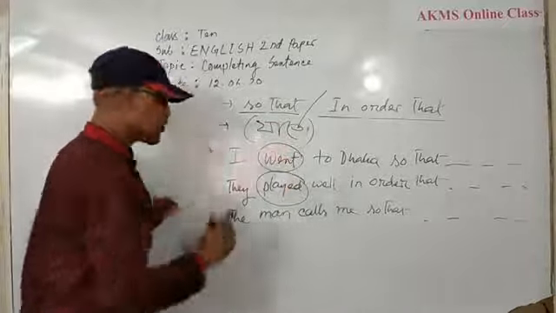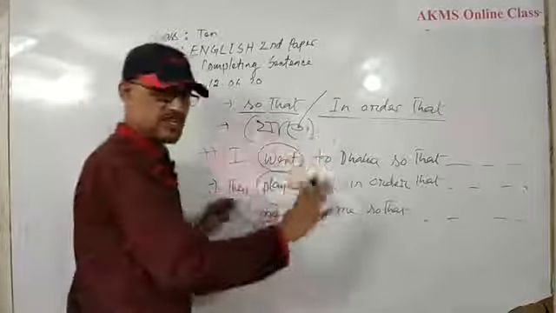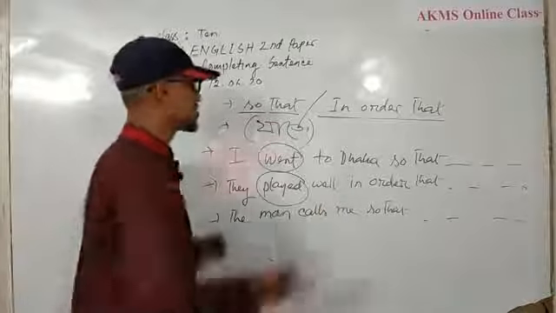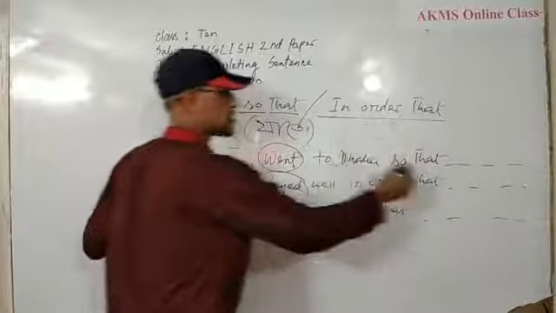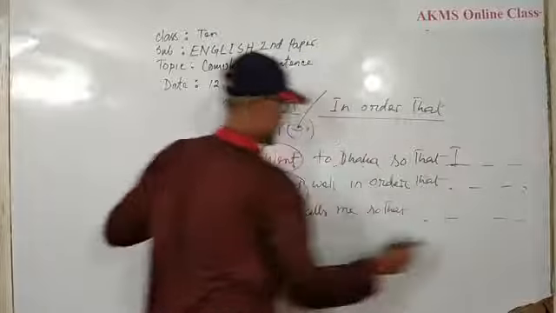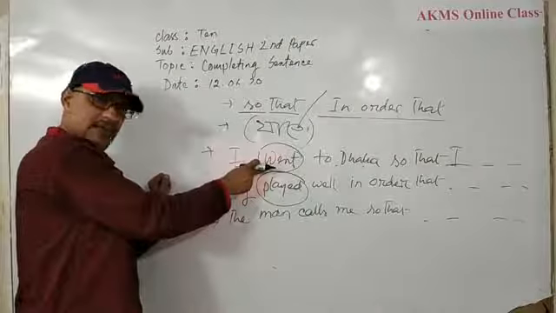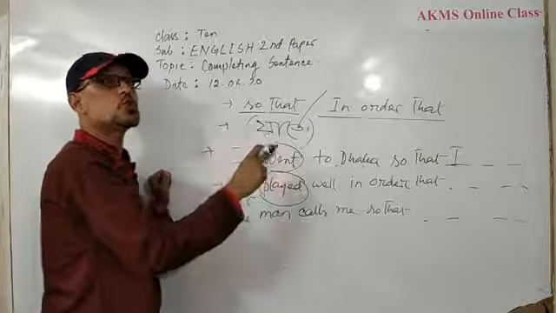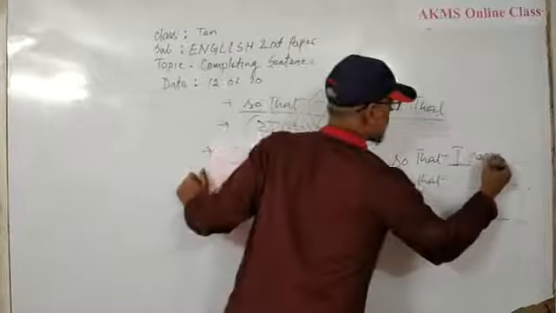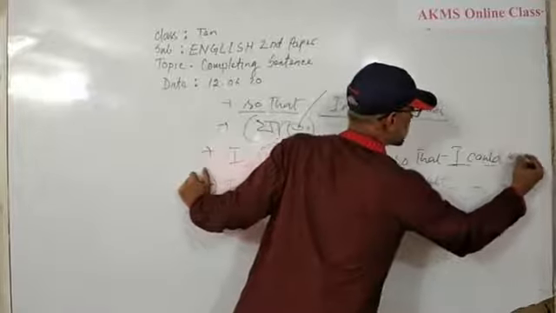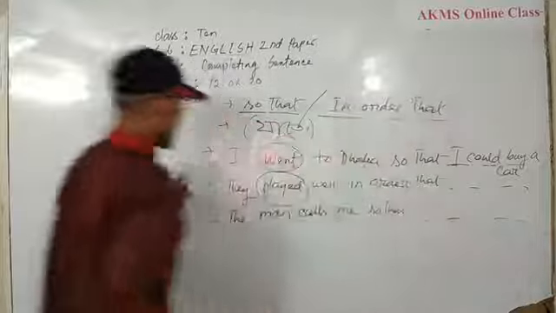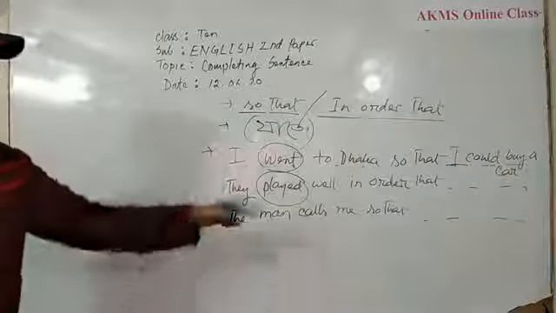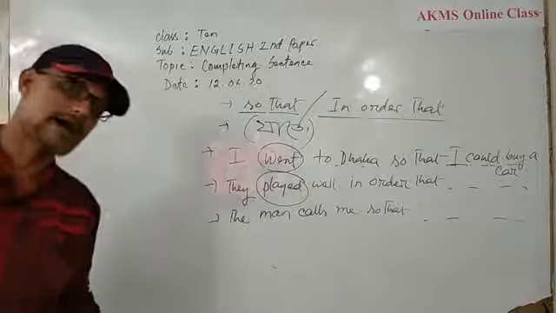I will write it first, then I will give you the structure. I went to Dhaka so that, the tense is past tense, so you should use could. So that I could buy a car. I went to Dhaka so that I could buy a car.